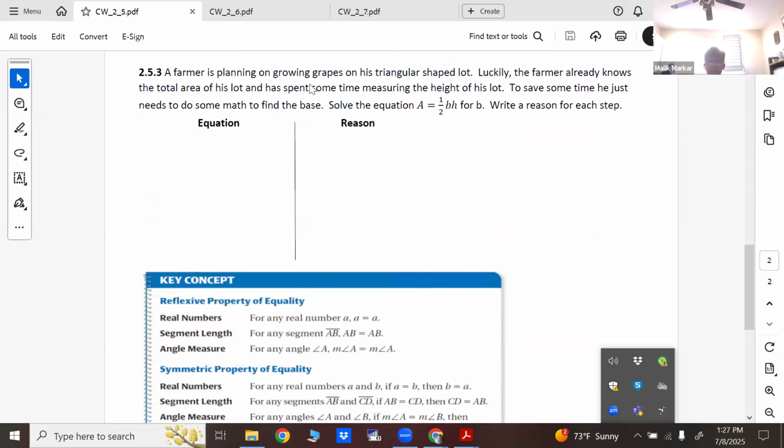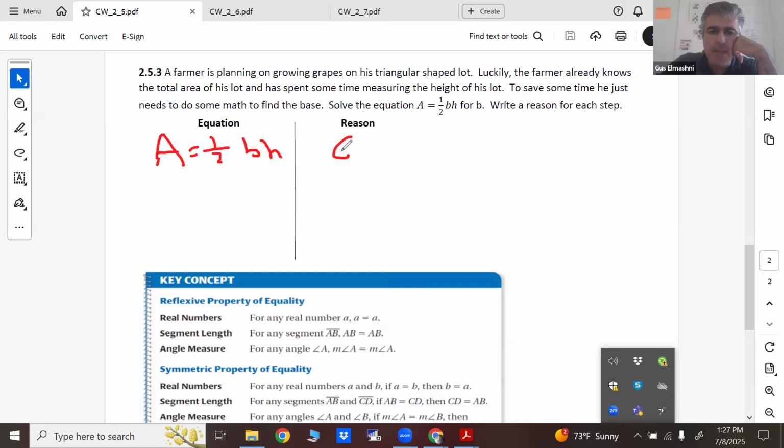Okay, so here, a farmer is growing grapes in his triangular shaped lot. Luckily, the farmer already knows the total area of his lot and has spent some time measuring the height of this lot. To save some time, he just needs to do some math. So you want to get B by itself. So the way you would say is you say A equals, that's given.